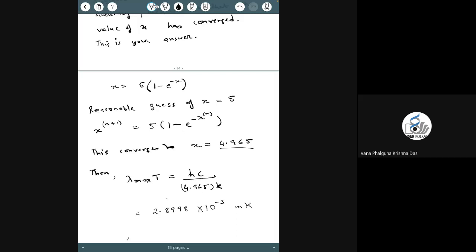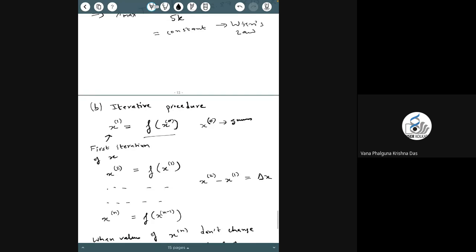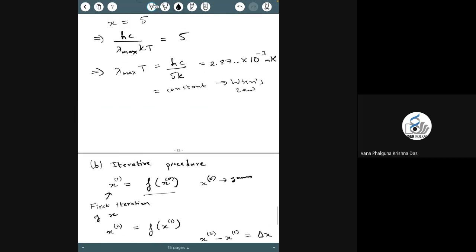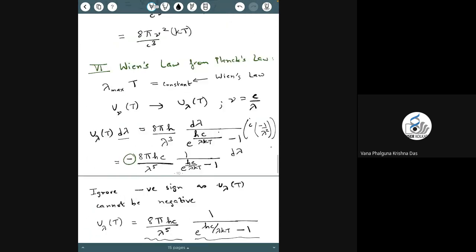I mean, hc by lambda is equal to 5 kT. But hc by lambda, kT, is not my average energy. Ma'am, kT is average energy, right?